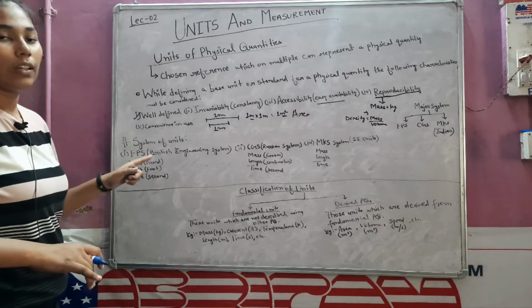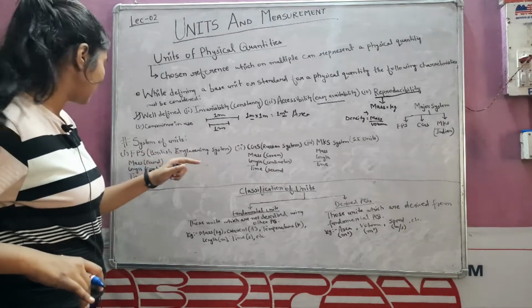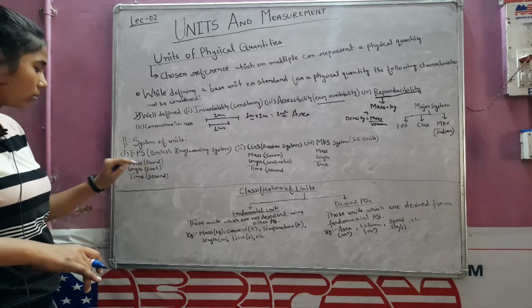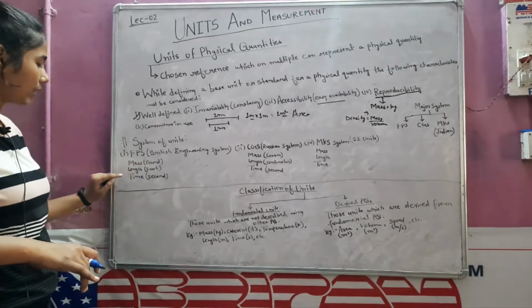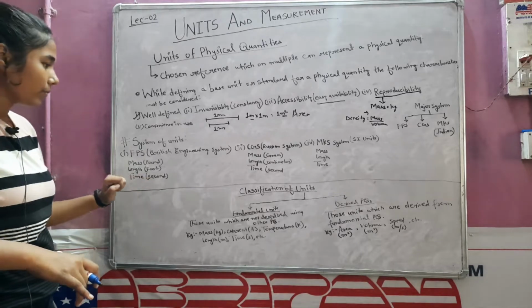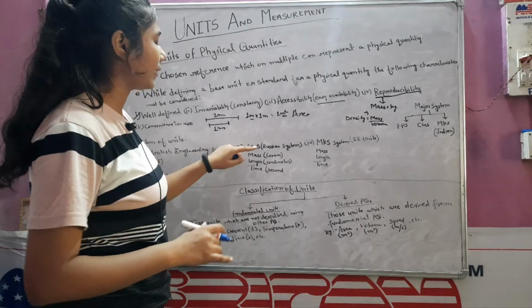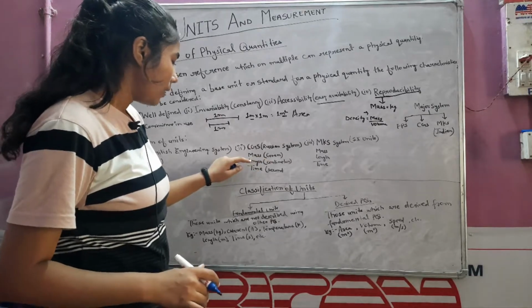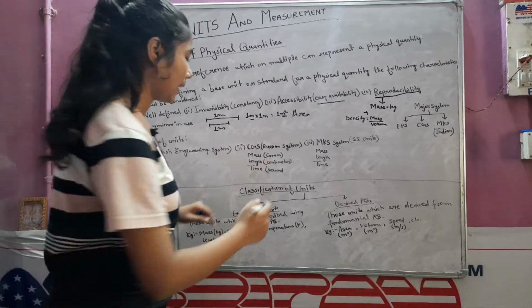FPS is called the British engineering system, and here mass is measured in pound, length in foot, and time in second. Second is CGS, the Russian system. Here mass is measured in gram, length in centimeter, and time in second.